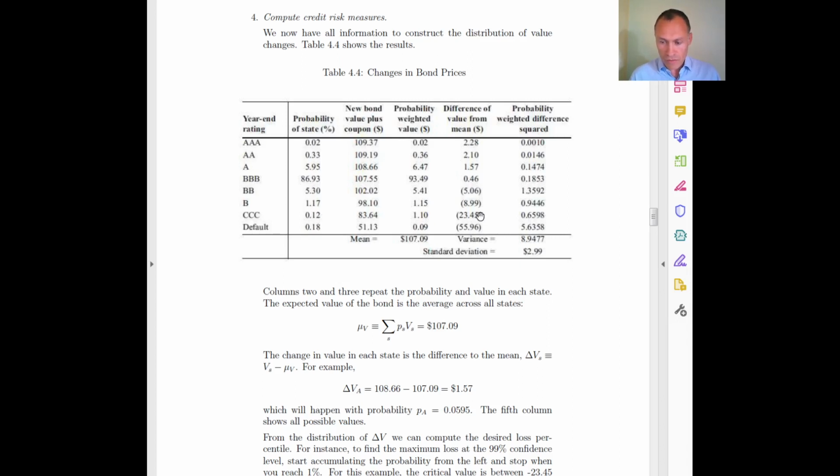So this is still too much. 0.3 plus 1.17, that would be 1.47%. So that's already not exceeding to the right the critical level. So the value at risk at 99% would be somewhere between these two losses, between minus 23.45 and minus 8.99.